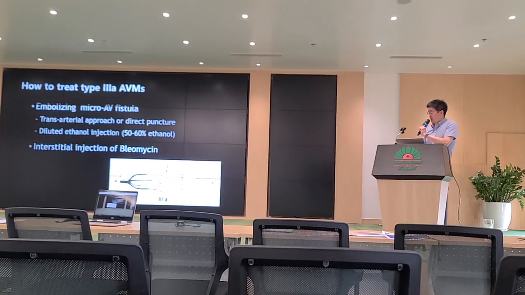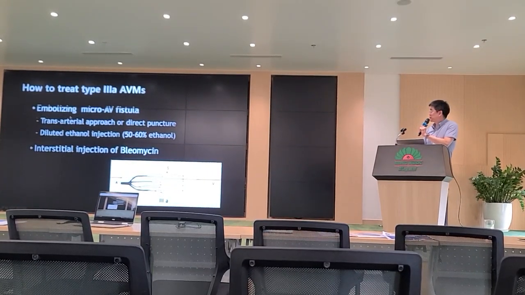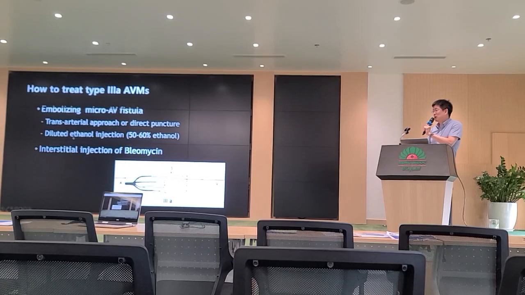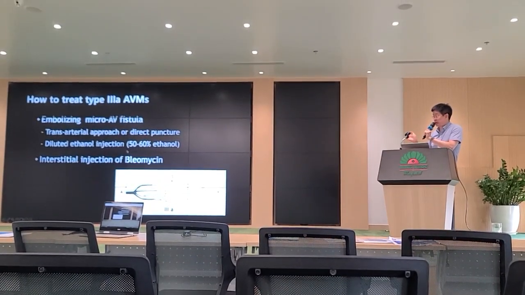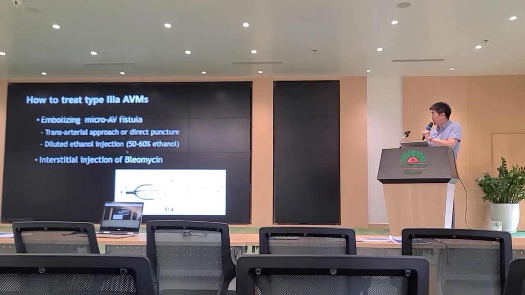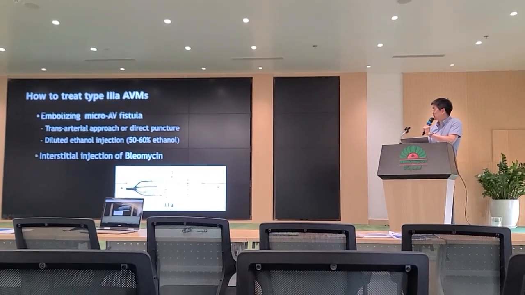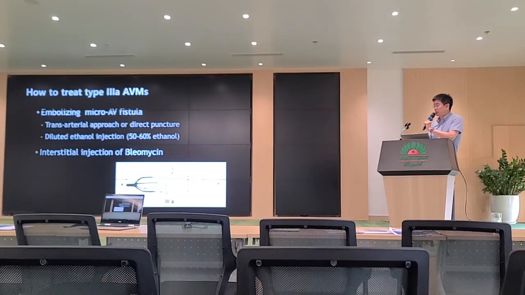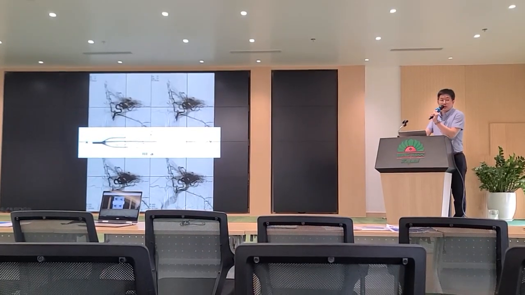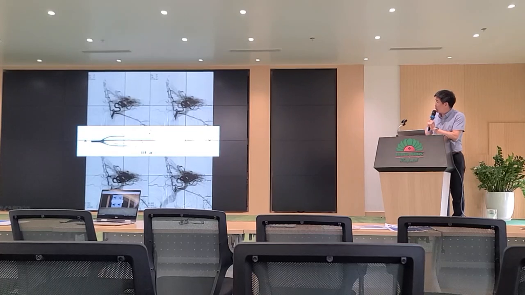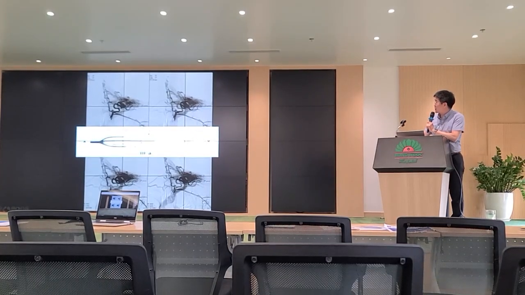Wayne Yates from the United States liked to use diluted ethanol with the transarterial approach, and some wanted to use bleomycin. This is a type 3A AVM, with very fine fistulas.